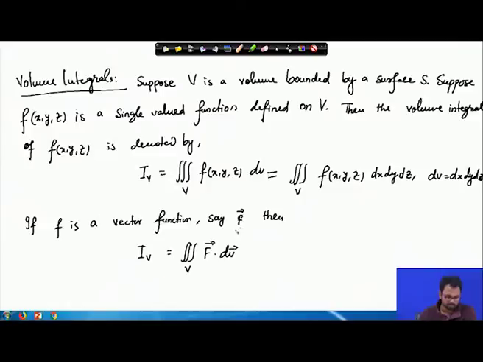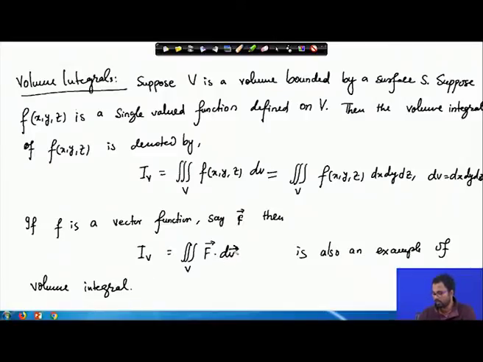When we are doing the volume integral, we take this as well, and this is also an example of a volume integral. That is how we write the volume integral.